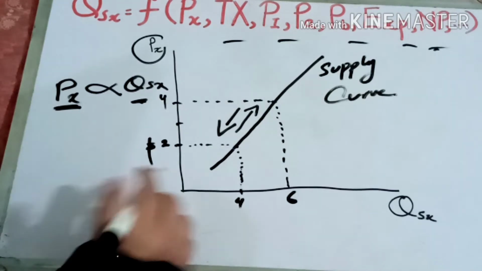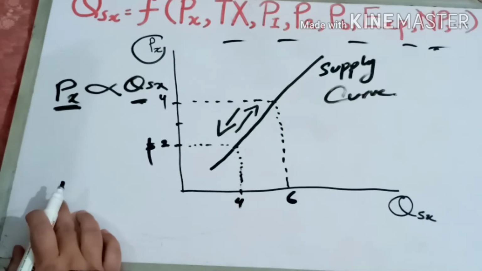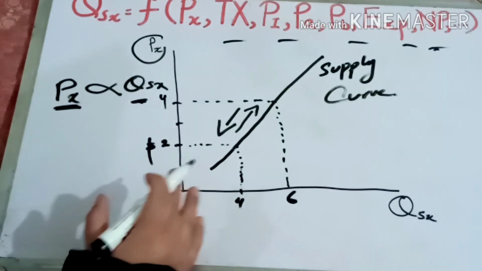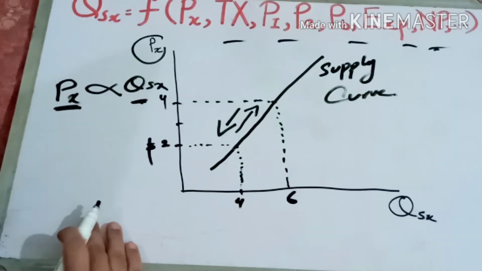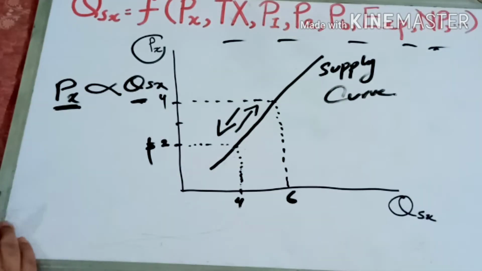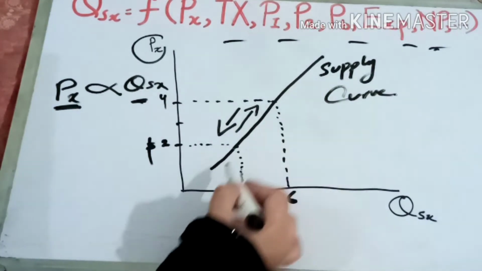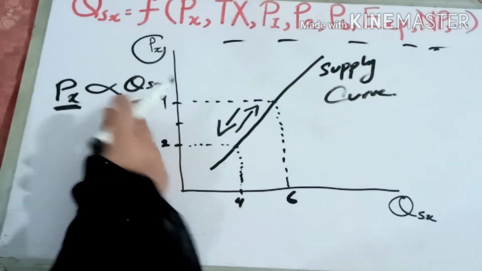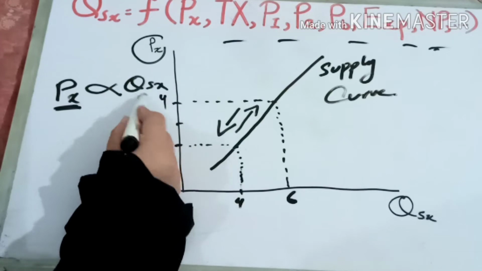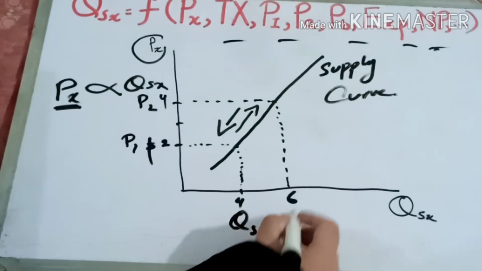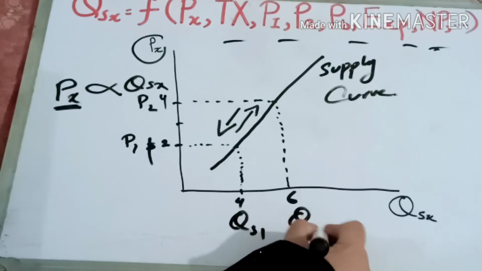Here we have taken the linear supply function. The linear supply function means that all the terms are either added or subtracted and no terms have exponents other than 1. When we say that there is a change in the price, like it was P1 and it has now become P2, previously the suppliers were willing to supply Q1 and now Q2.